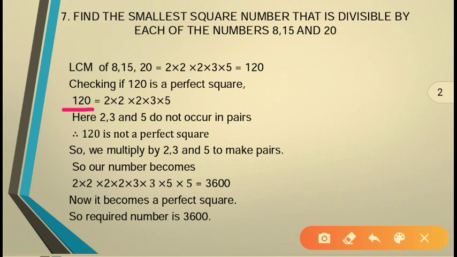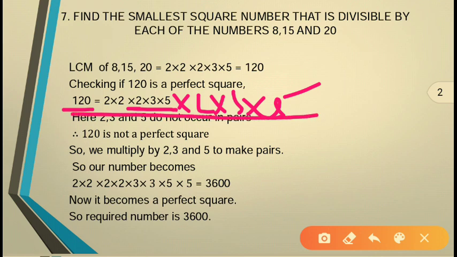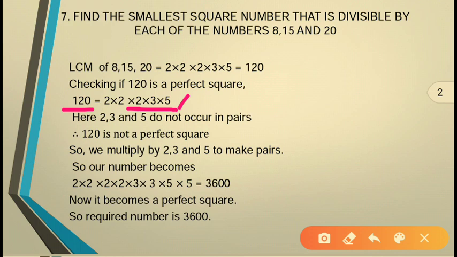Clear? Now if one more 2 was there, one more 3 and one more 5 was there, then it would become a perfect square because every digit would have its pair. So we multiply by 2, 3 and 5 to make pairs. So our number becomes this.